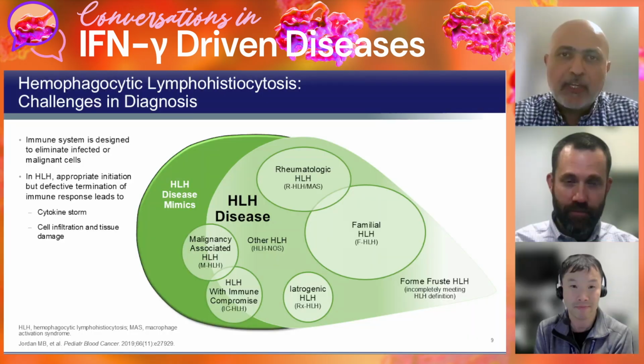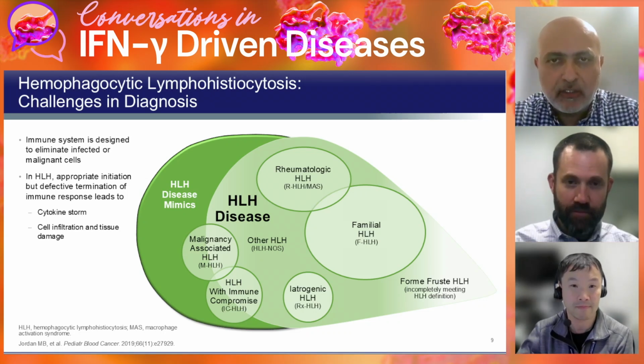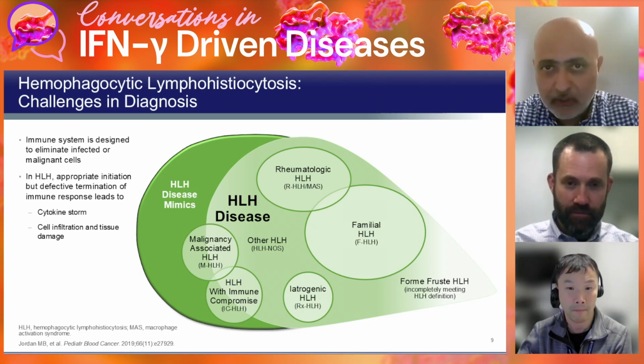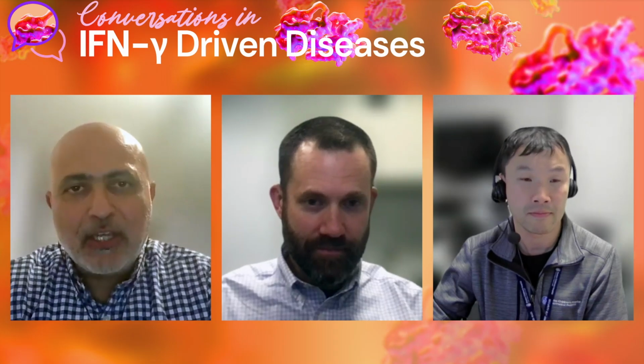Yep. So, getting back to the clinical presentations, one of the biggest challenges in this disease historically, and even to this day, is making the correct diagnosis. We mentioned this in the first episode of this conversation about the different diagnostic criteria.